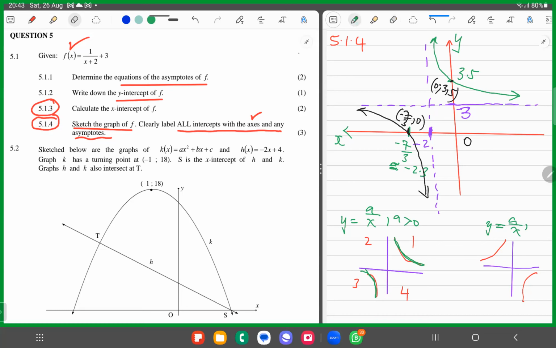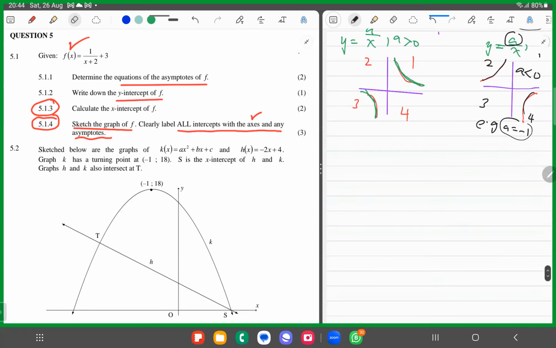If a is negative, then it is in the other quadrants. Examples of negatives would be -1, for example, in the numerator, or -2, -3. So the graph is going to be sitting here and there. Otherwise, the graph is going to be sitting in the first and the third quadrants. Okay. We continue.